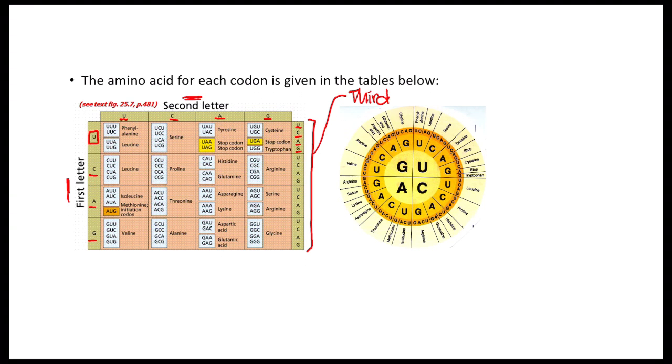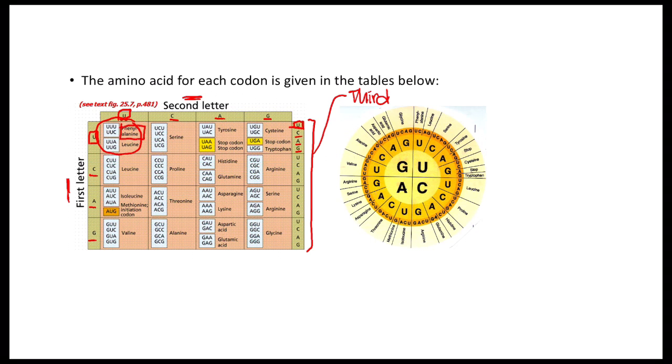For example, if we're reading a code that is UUU, our first letter is U, our second letter is U, and the third letter is also a U. We're looking in this top box here in the first row. So that means it's this amino acid here.